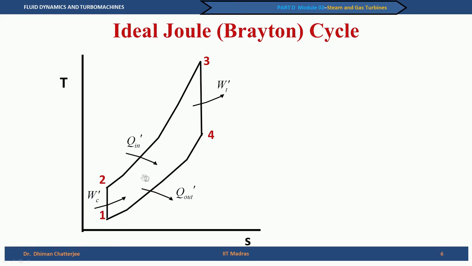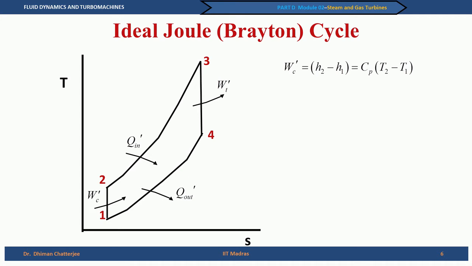So, now let us look at the compressor work W c prime. Again I am talking about specific work and not the total work. So, for the total power out requirement, you have to multiply by the mass flow rate m dot. If I look at it, it is h2 minus h1, and look at the sign carefully.